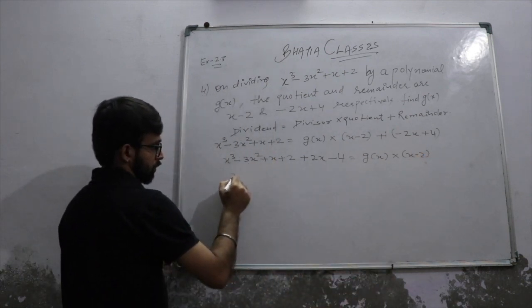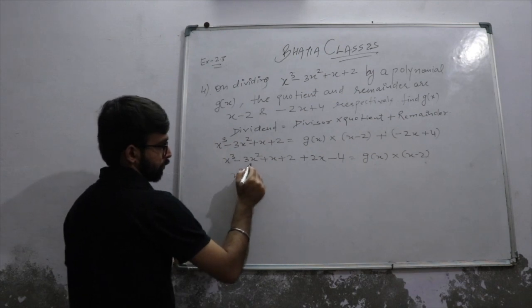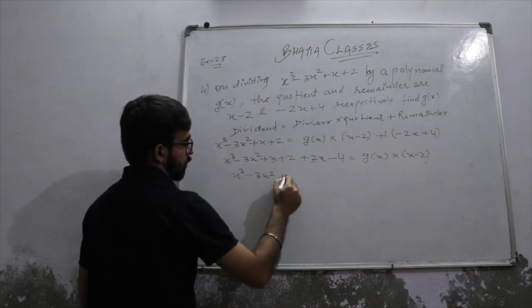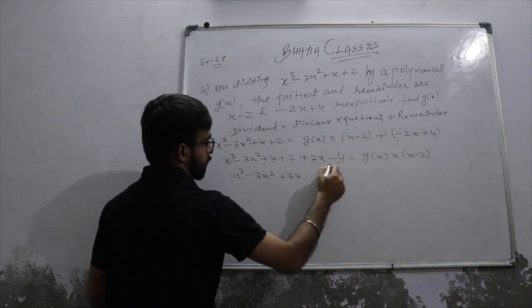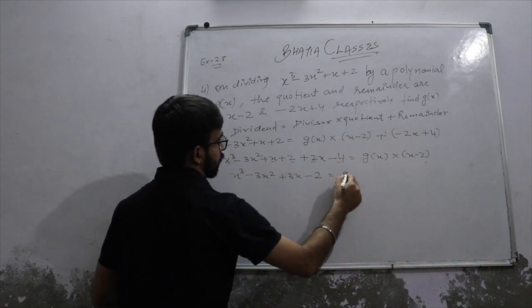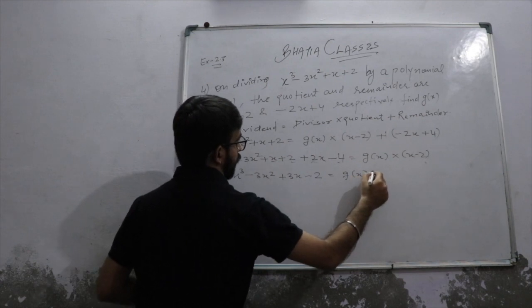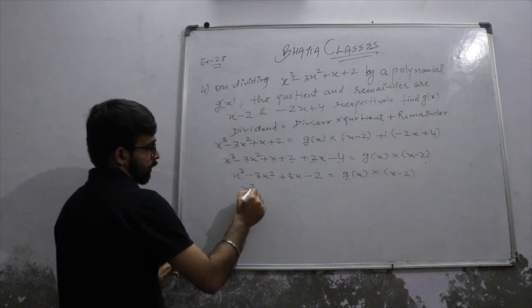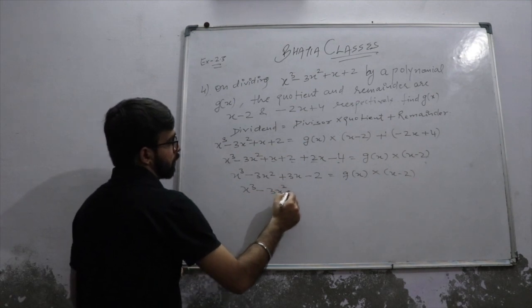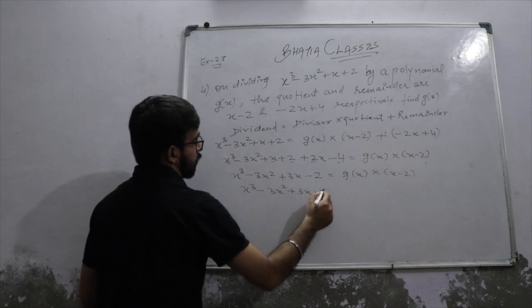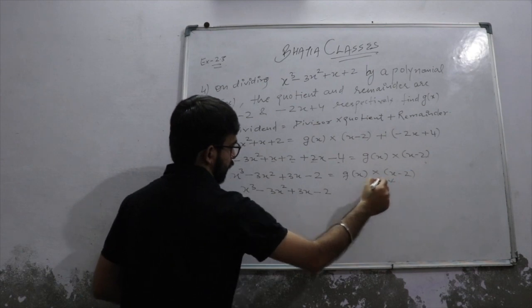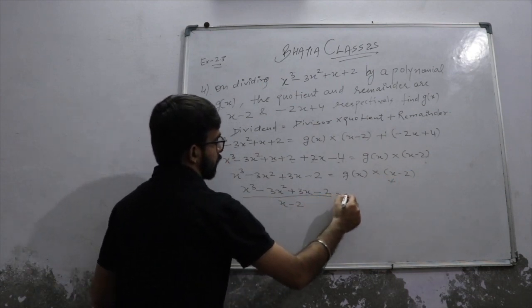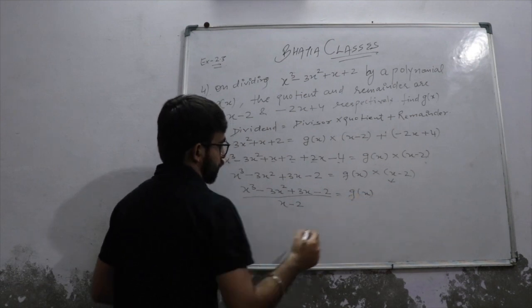Now solve this. x cube minus 3x square, x and 2x, 3x, 2 minus 4 is minus 2, is equal to g(x) multiply x minus 2. x cube minus 3x square plus 3x minus 2, is equal to g(x) multiply x minus 2.